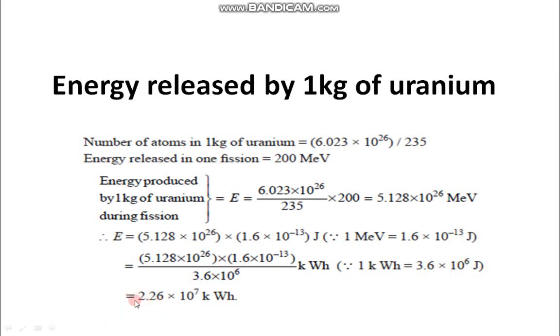So the result is 2.26 into 10 raised to 7 kilowatt hour. Thus we have noticed that the energy released by fission of 1 kilogram of uranium-235 is 2.26 into 10 raised to 7 kilowatt hour, which is a large quantity, and due to this reason nuclear energy is used for the generation of electricity.